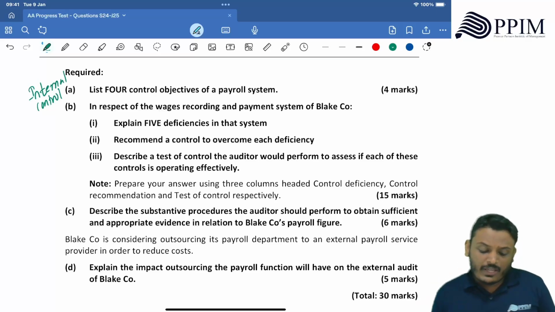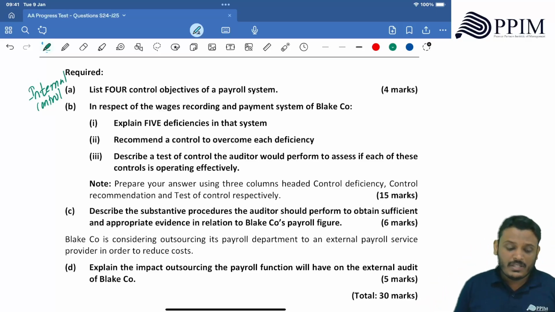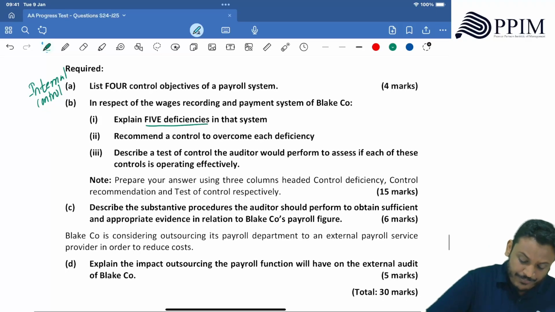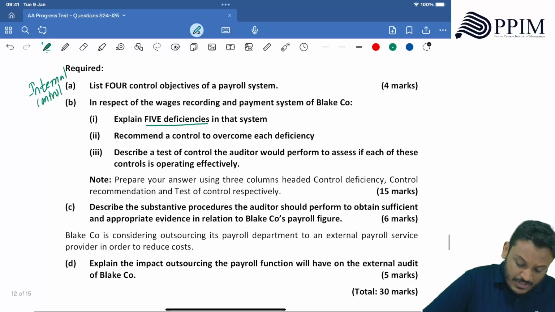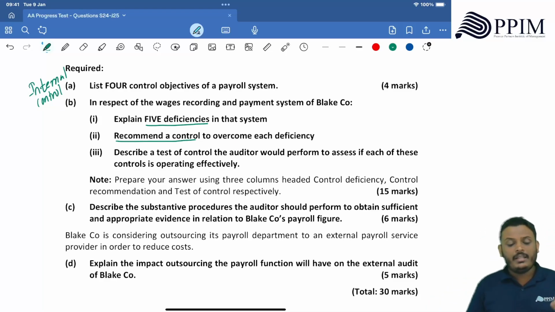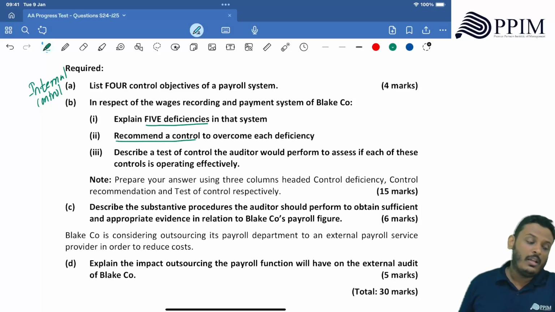In respect of wages recording and payment system, explain 5 deficiencies in the system. They ask us to identify 5 deficiencies in the wages system or payroll system, and for each deficiency they ask for a recommendation. Try to understand one thing. When they say recommendation, they are asking us to write down controls, right?